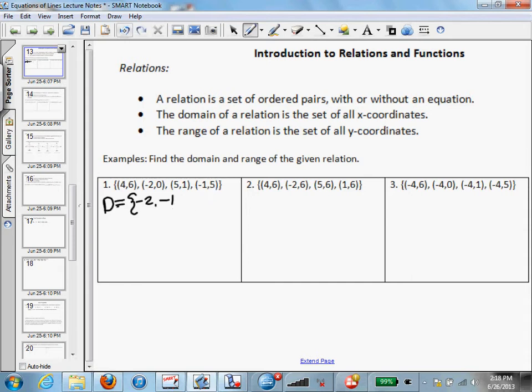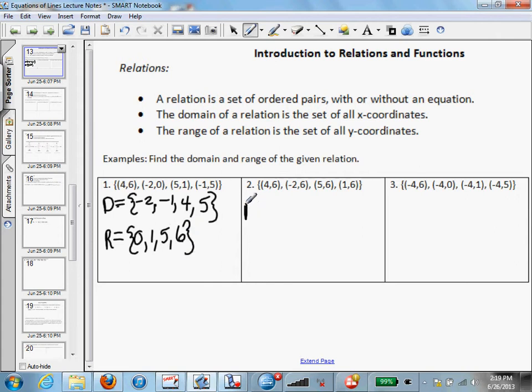Oh, excuse me, not 1. 4 and 5. And for the range, denoted by R, open up curly brackets, and from least to greatest, the y values would be 0, comma 1, comma 5, comma 6.